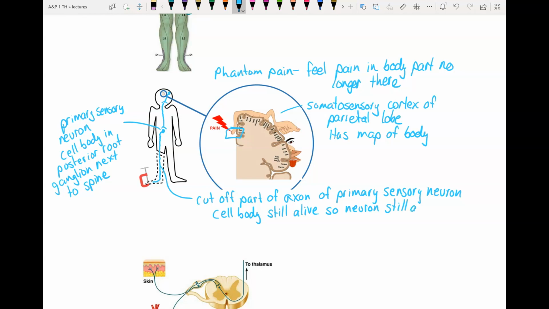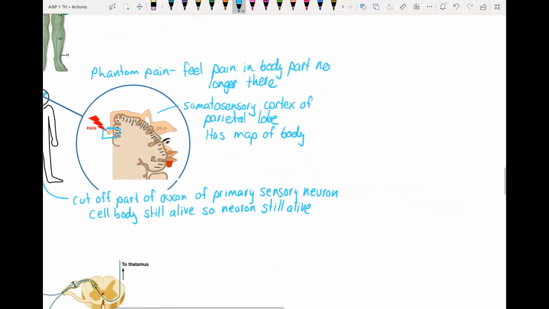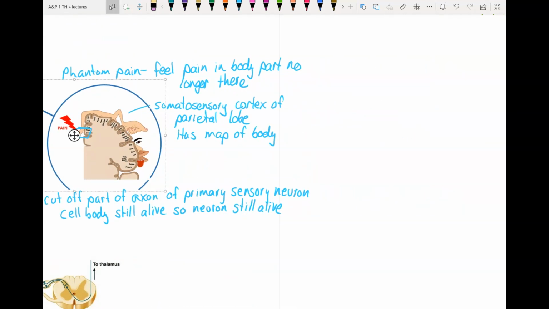Now also, when you get an amputation, your somatosensory cortex does not know about that. So here, the somatosensory cortex with the map of the body does not know that that body part has been amputated.